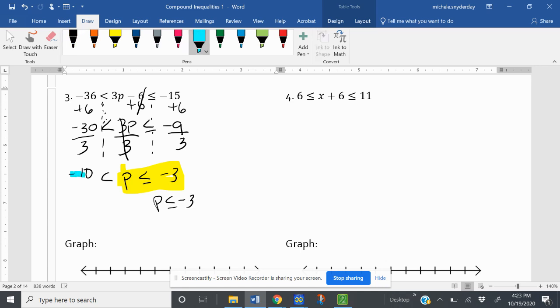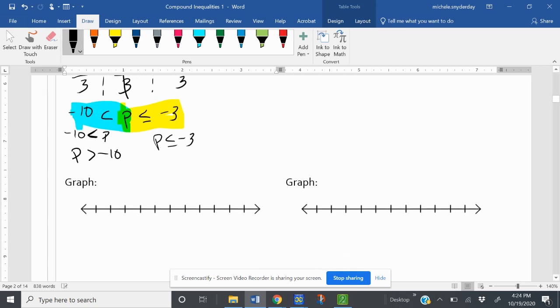And then we have this one, which we have to rewrite. It starts off with negative 10 is less than p, but we need to rewrite it with the p in front. The open part is towards the p, the pointy part towards the 10. Just like in the original inequality, we have a negative 10 and a negative 3. p is greater than negative 10, open dot. p is less than or equal to negative 3. Less than goes in that direction, and we're done.